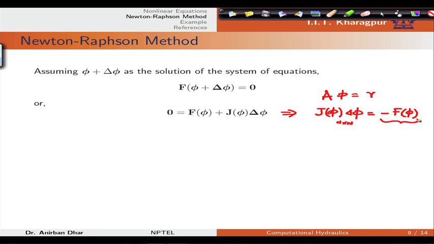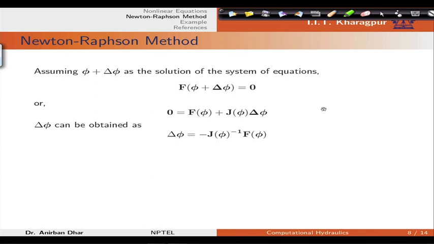Now, if we write the next step, this is nothing but we can invert this J and we can get the increment value for a particular point to get the ultimate solution.